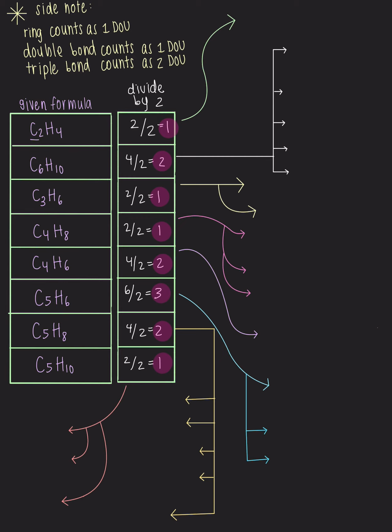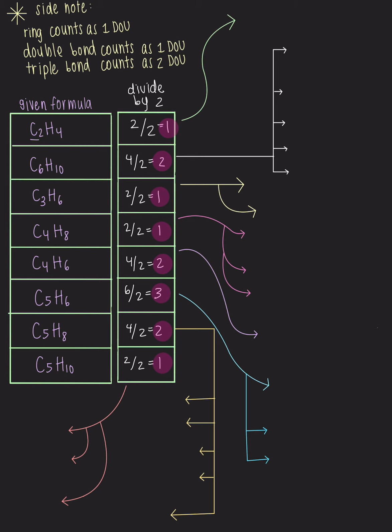I know sometimes students like to compare at the beginning because they're trying to learn, but honestly, you can have many different structures in general. Maybe not if you have this one that's C2H4. I don't think you're going to have a lot of different structures.